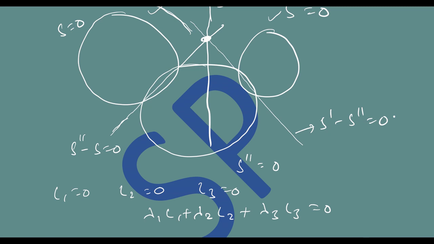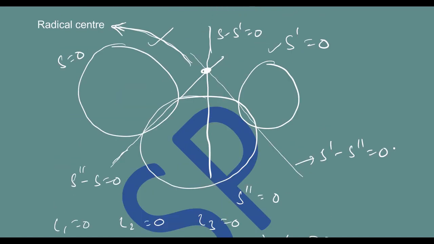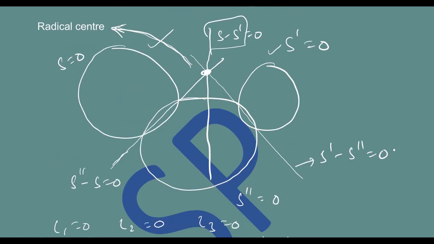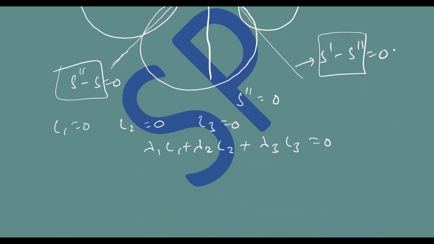Using that concept, observe that here the line equations are S minus S' equal to 0, S' minus S'' equal to 0, and S'' minus S equal to 0. Now I am going to choose lambda 1, lambda 2, lambda 3 as any three real numbers, not all 0. Here I take all three as 1.